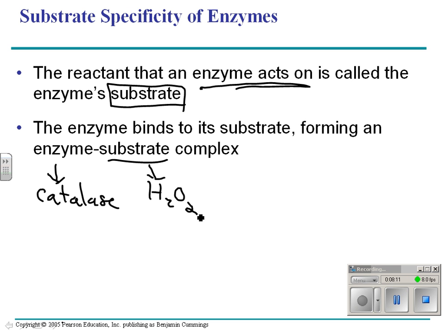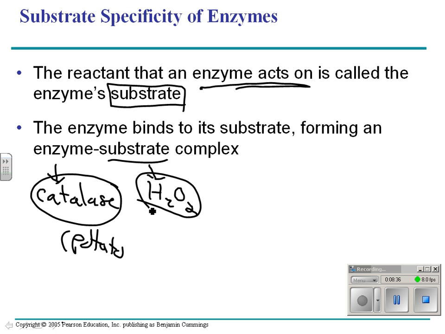Still with me? If I'm ever going too fast, you just got to stop me and say, I don't get it. So our enzyme was catalase, which we got in the potato, and our substrate was hydrogen peroxide. Still with me?